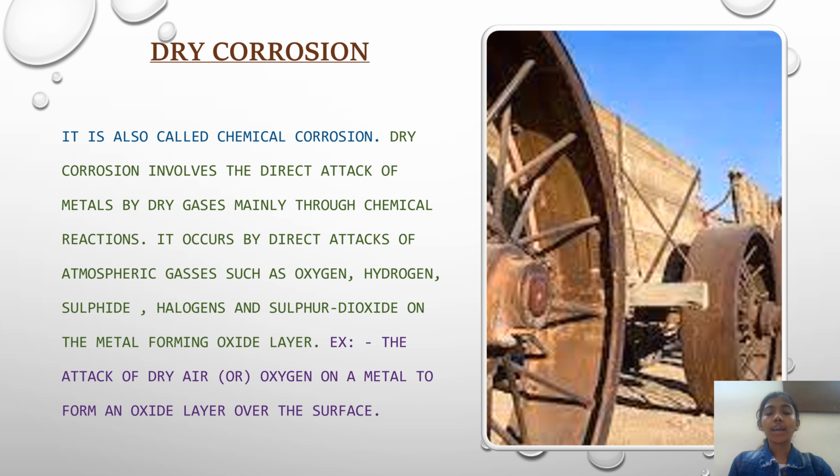It involves direct attack of atmospheric gases such as oxygen, hydrogen sulfide, halogen, and sulfur dioxide on metal, forming the layer of oxide. For example, the attack of dry air or oxygen on the metal, forming the oxide layer on the surface of metal.